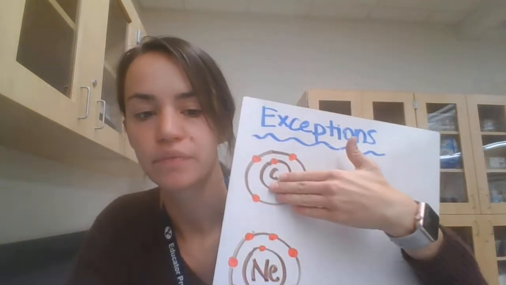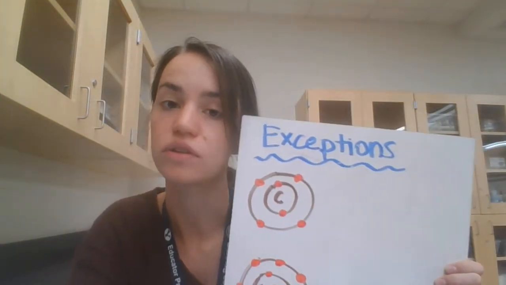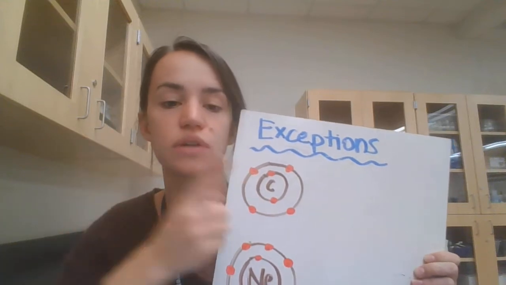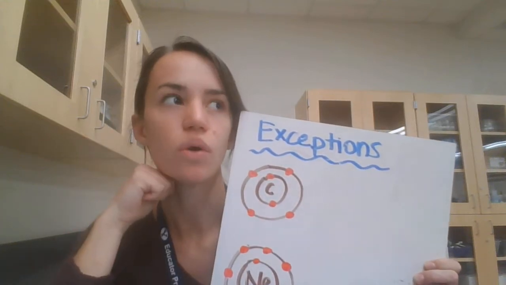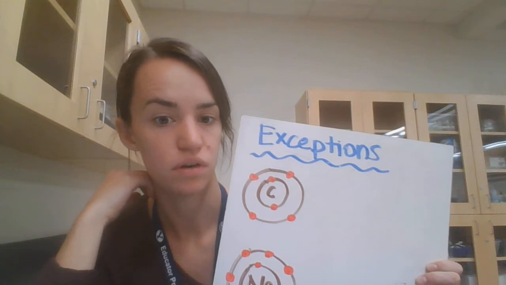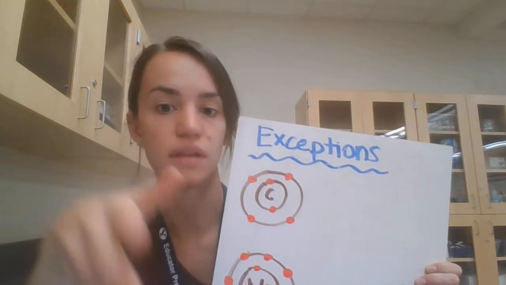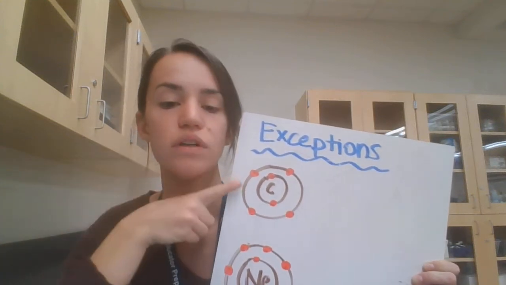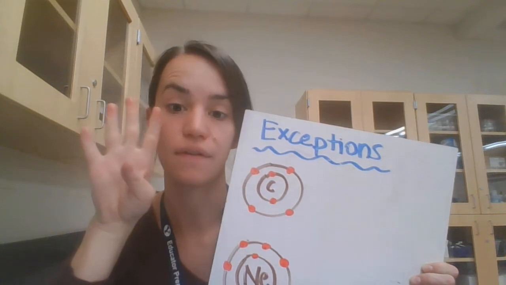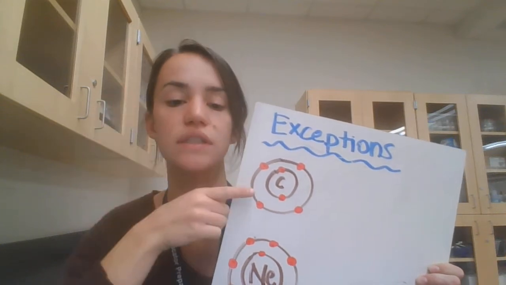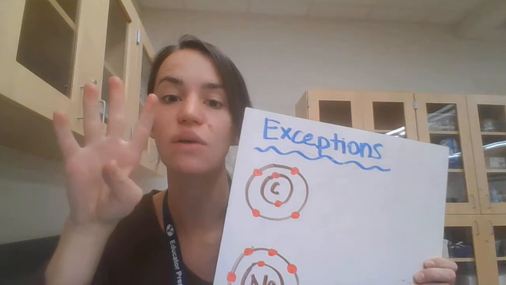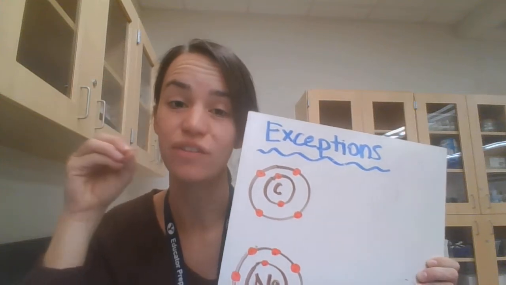Number 1 is carbon. If you look at carbon on your periodic table, you'll see it's in column 4A, so it's going to have 4 valence electrons. So if we were to create an ion for carbon, we'd either have to add electrons or take electrons away. If we were to add electrons to make it full, we'd have to add 4 electrons. If we were to take away electrons to make it full, we'd have to take away 4 electrons. And that's a lot of electrons.